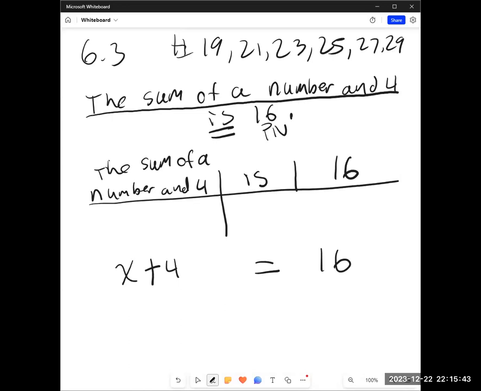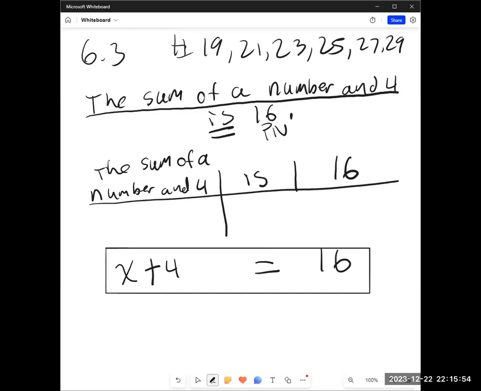That was the first part of what I need to write into my labs, and then I need to solve it. If x plus 4 is equal to 16, then I'm going to subtract 4 from both sides, and I get the answer that x is equal to 12. And 12 is my second box in my labs to fill in.